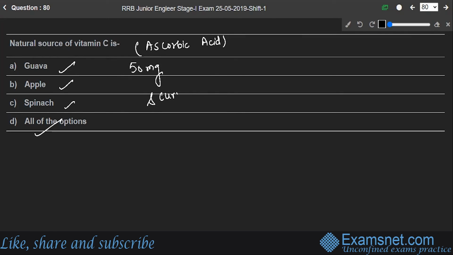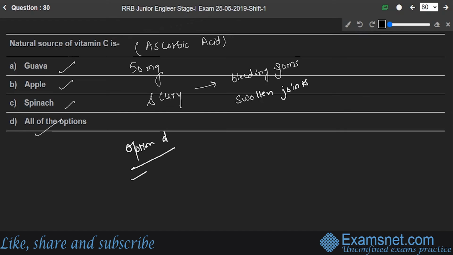You have the problem of scurvy, which is characterized by bleeding gums and swollen joints, and decreased resistance to the common cold. So D is the right answer to the question. Hope you understood that. Let's move to the next question.